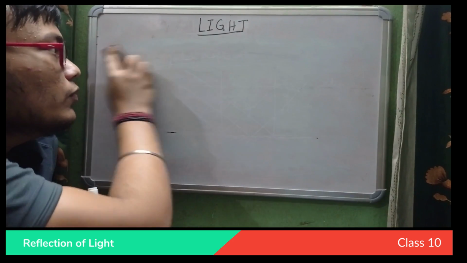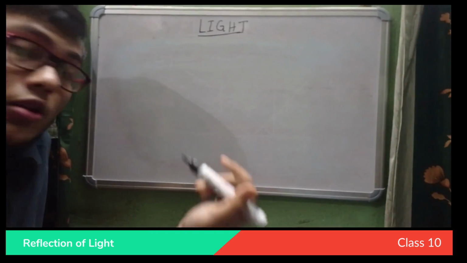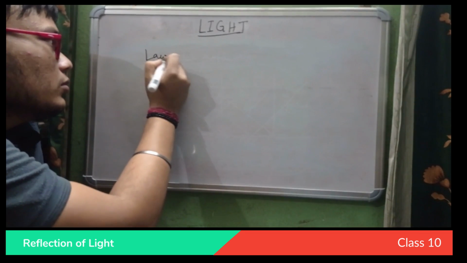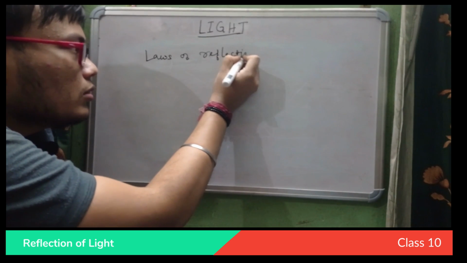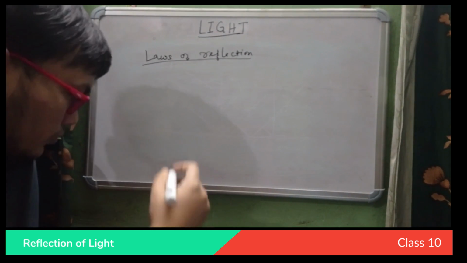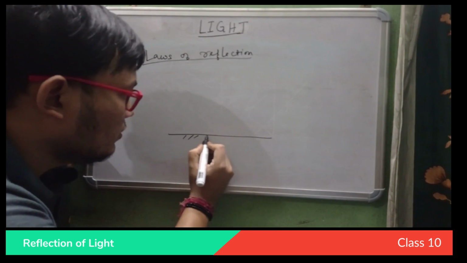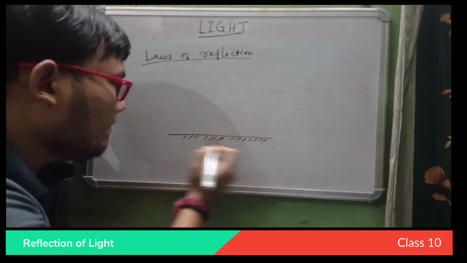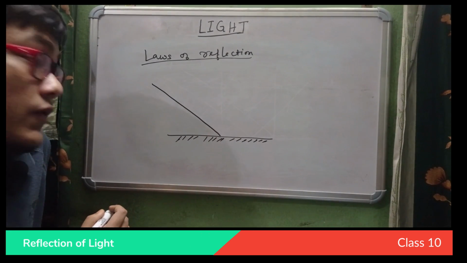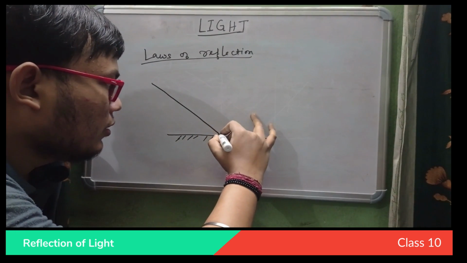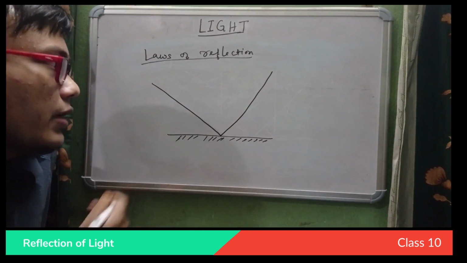So now we'll move on to the laws of reflection. What do you mean by the laws of reflection? Now, this is the polished surface. The light ray falls on it. Mind you, this is regular reflection, and after striking this polished surface, it gets reflected back.